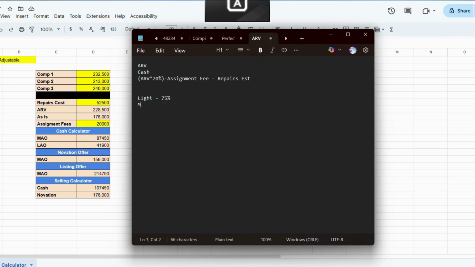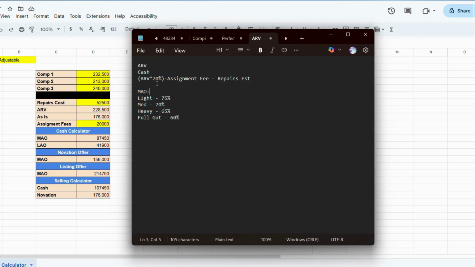For properties that are medium repairs, I want to multiply that by 70%. For the properties that are heavy, I want to multiply that by 65%. Now for the full gut, I want to multiply that by 60%. And this is your maximum allowable offer, MAO.